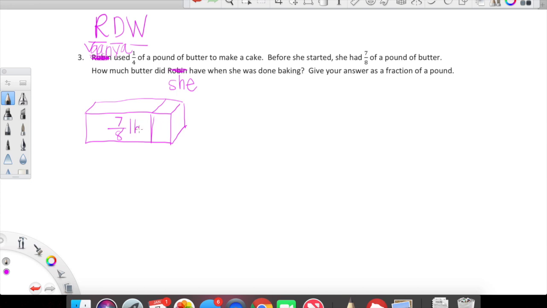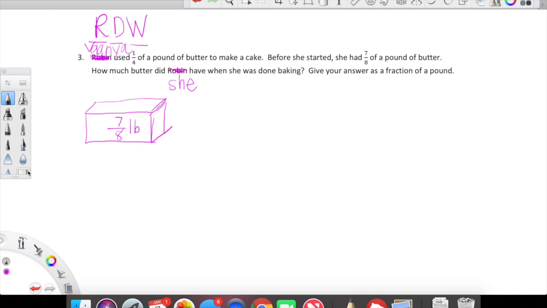She had 7/8 of a pound. Let's go ahead and maybe pretend like this is not there. So before she started, she had this much butter, 7/8 of a pound of butter.